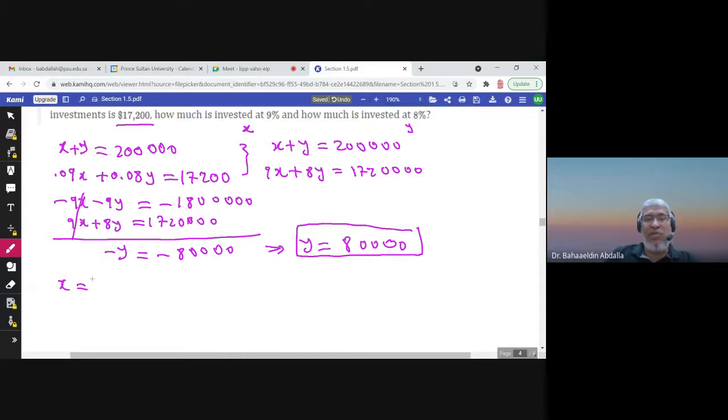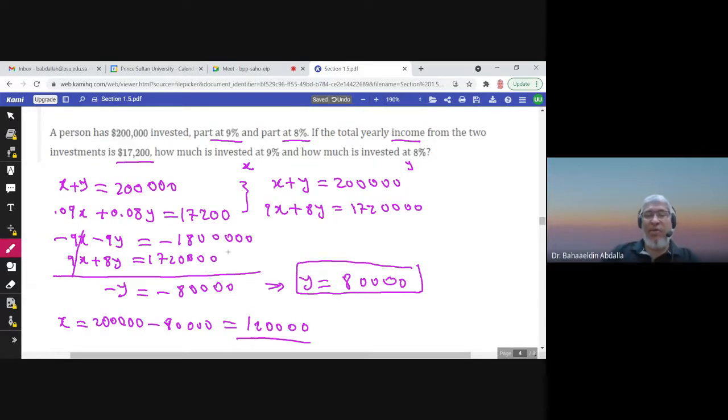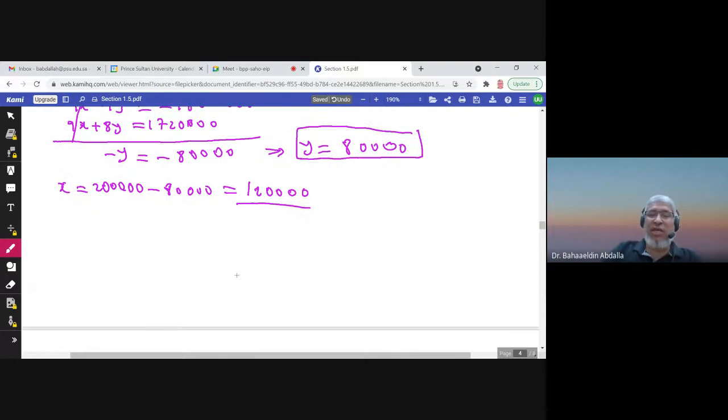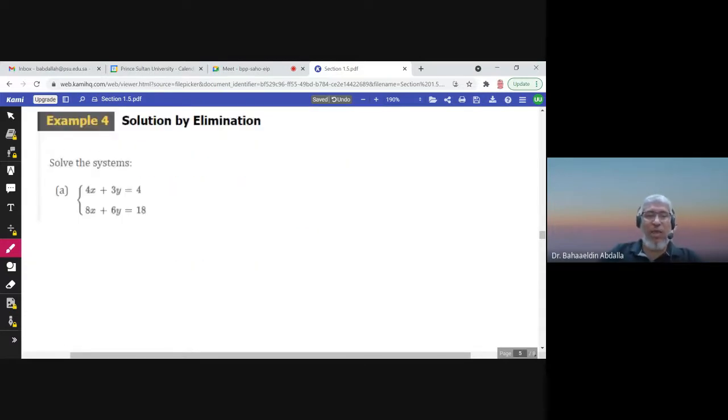X is 200,000 minus the 80,000, and the answer would be 120,000. And then you can write that the amount invested at 8% is 80,000, while the amount invested at 9% is 120,000, and we solved the question.